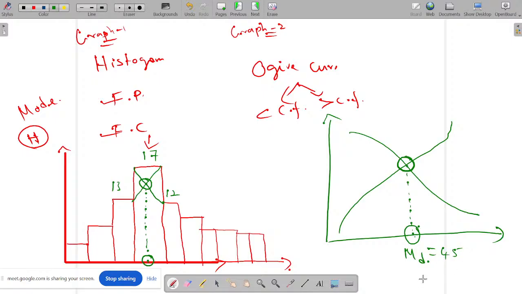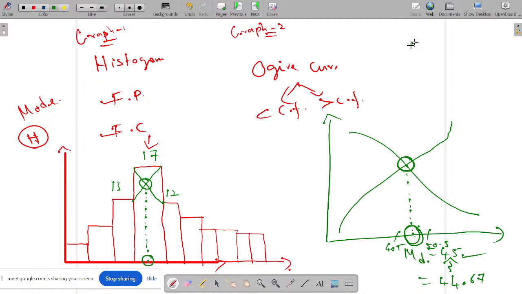What is our value? Using the formula method, we got 44.67. So you might have got some value closer to 45 because we have not drawn to scale. We are not using the graph sheet. So where does it lie? 40.5 to 50.5. So somewhat in the middle. You got it? So this is the median class, median value.